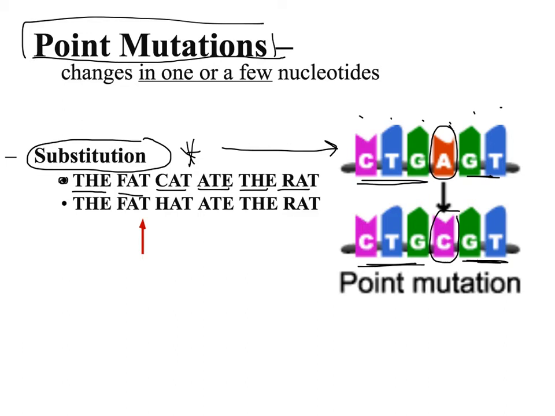So if I have the reading frame, the fat cat ate the rat, and I do a single point substitution, you look, I substituted my C for an H. My reading frame now reads, the fat hat ate the rat. Did that change the meaning of my sentence? Definitely. We have a hat now eating the rat instead of a cat. It can have varying effects on the organism.